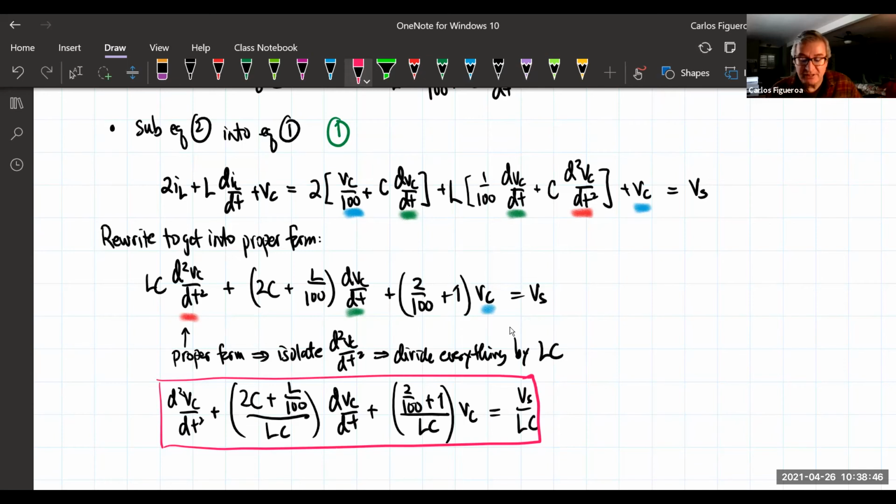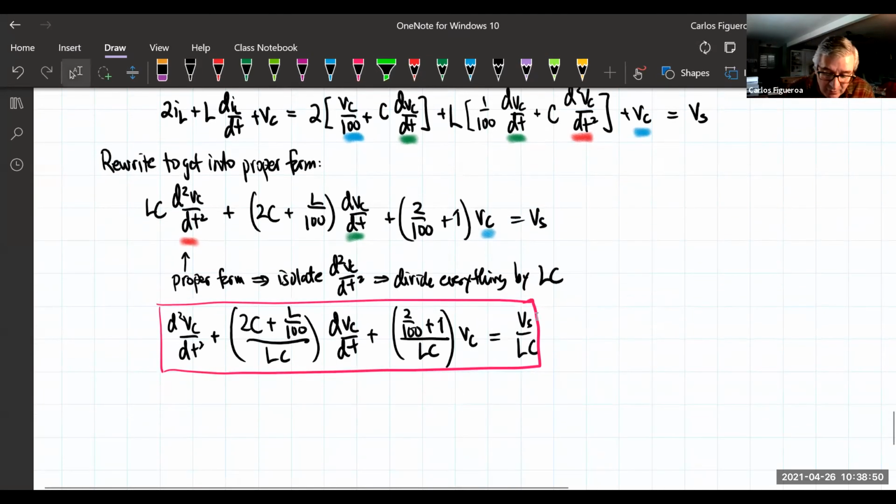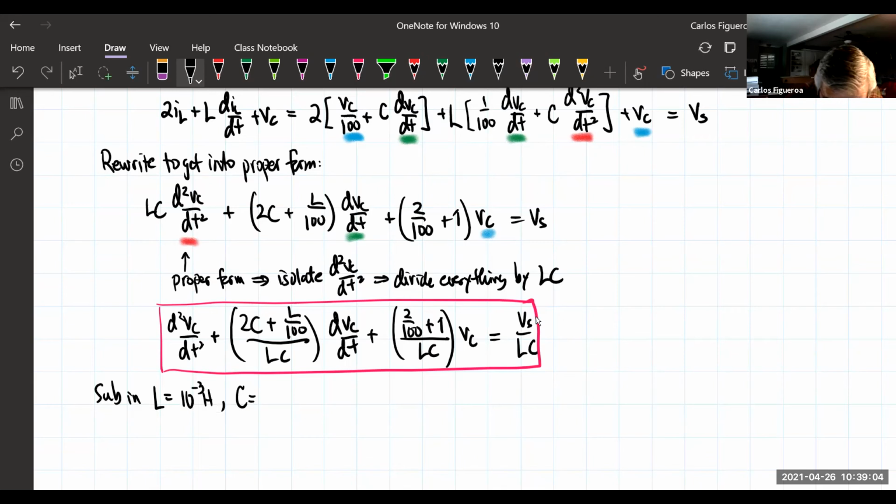So if I punch in the numbers, what I really got to do now is go check to see if this works. I'm going to substitute L equal to 10 to the negative 3 henries and C, which will be 10 times 10 to the negative 6 farads. What you're going to find is that you get numbers for these equations.